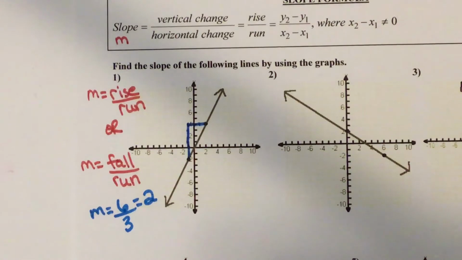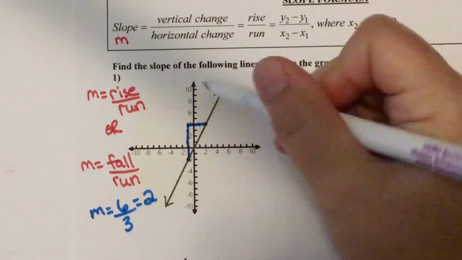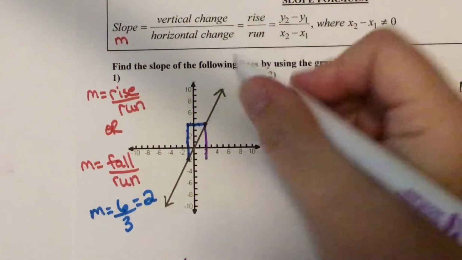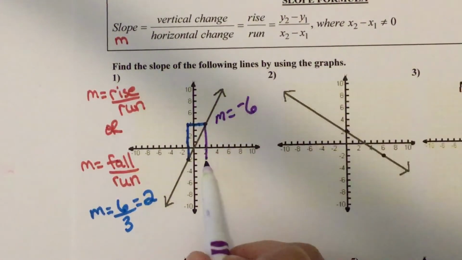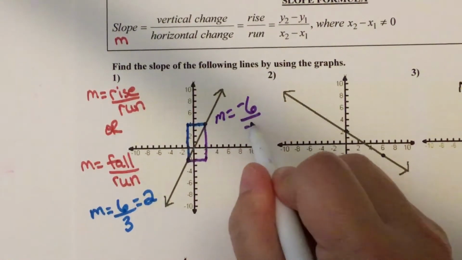Okay, now I'm going to find this going from right to left. If I count from right to left, I fall, and I fall down 6. So if I fall 6, that's a negative 6. And then I go left 3. Well, if you go left, that's also a negative.